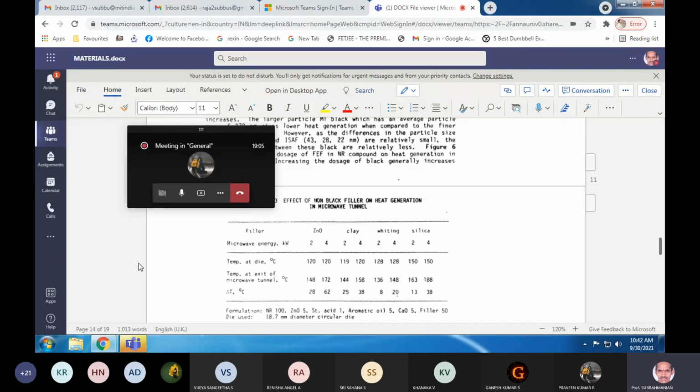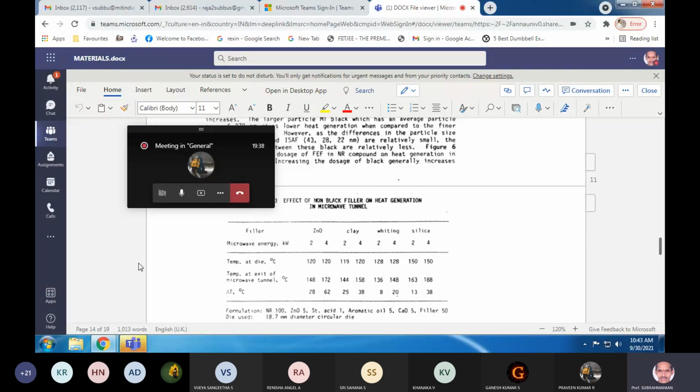So on contact with the water surface, considerably the short chains on the surface are made inactive, and even after the cooling, certain rubber compounds are tacky. So to prevent that, this whiting is added as a partitioning agent.